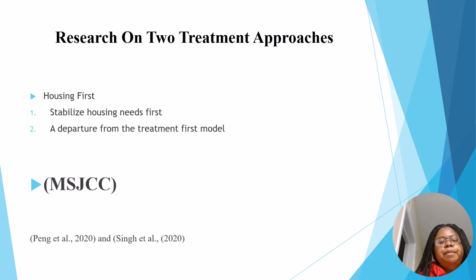There's benefit to that. However, when the housing first model was implemented, research found that it is also effective, meaning we want to place you first, and we're still going to work concurrently, and for a long period after, once you're placed, to get your substance use and your other needs met, such as related to health.